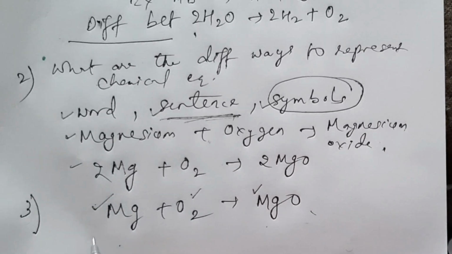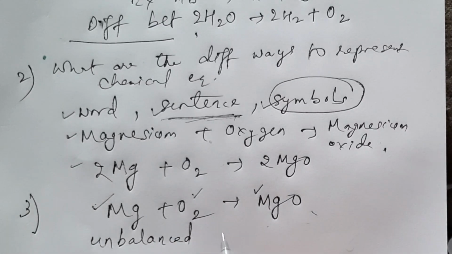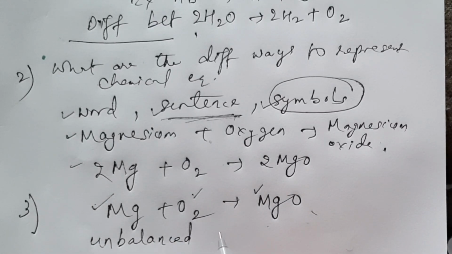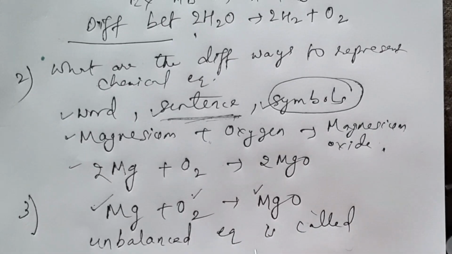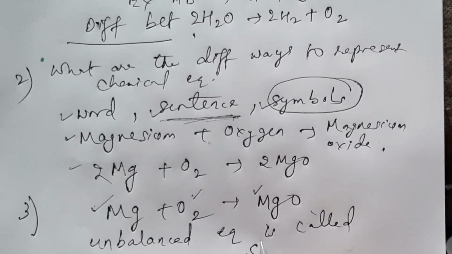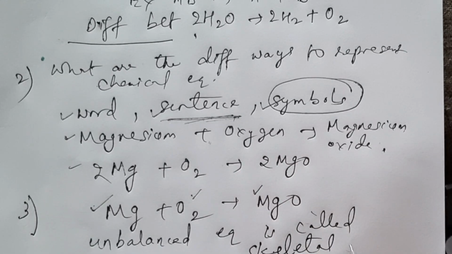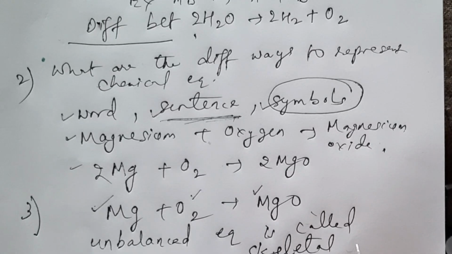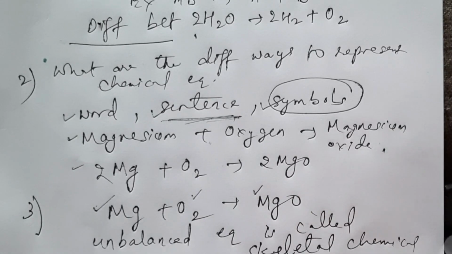An unbalanced equation is called a skeletal chemical equation. You can remember this as a definition, or for 1 mark MCQs: the unbalanced one is called skeletal chemical equation.